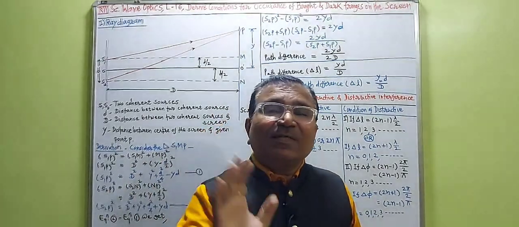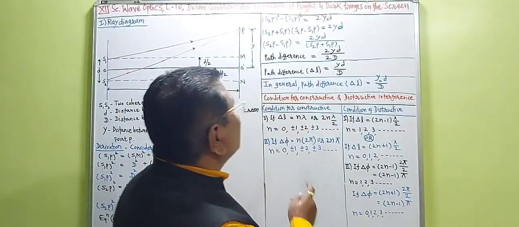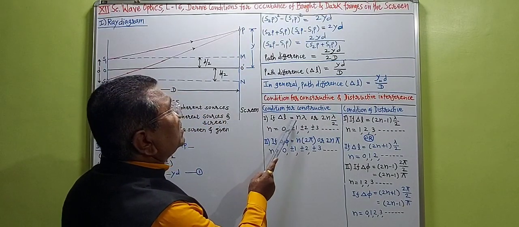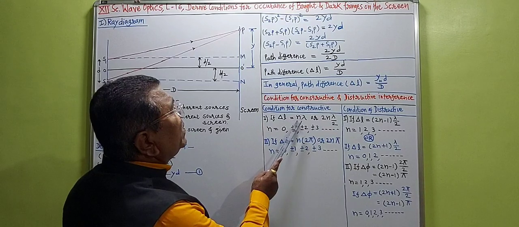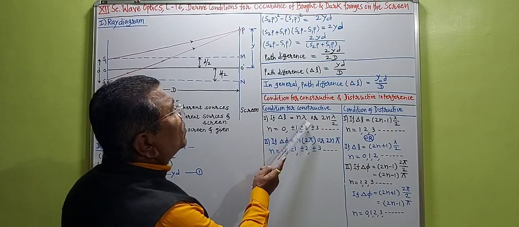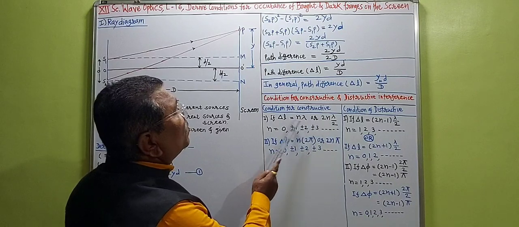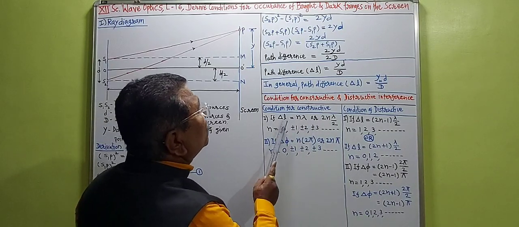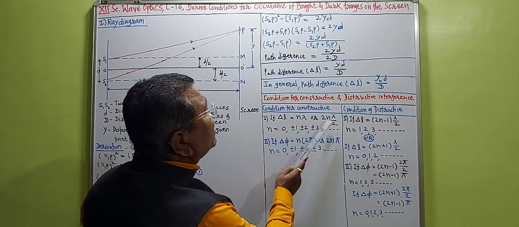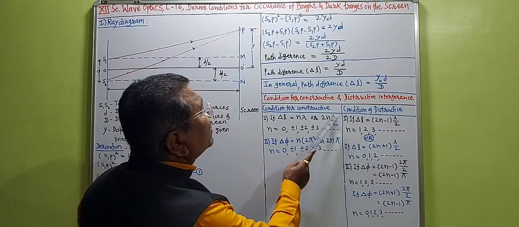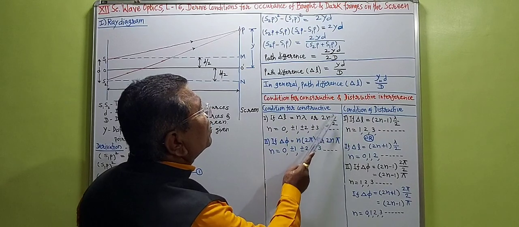The condition of constructive interference pattern is: if the path difference between two light waves is equal to an integral multiple of wavelength lambda, or the path difference between two light waves is an even multiple of half the wavelength. Lambda by 2 is nothing but the half wavelength.